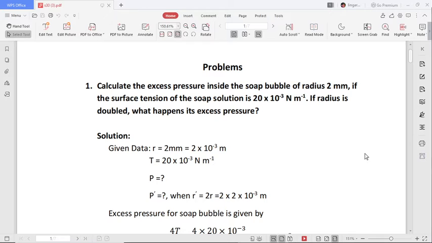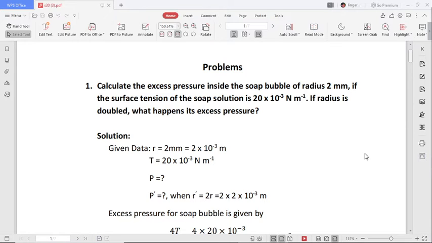First problem: calculate the excess pressure inside a soap bubble of radius 2 mm, if the surface tension of the soap solution is 20 into 10 to the power minus 3 Newton per meter.